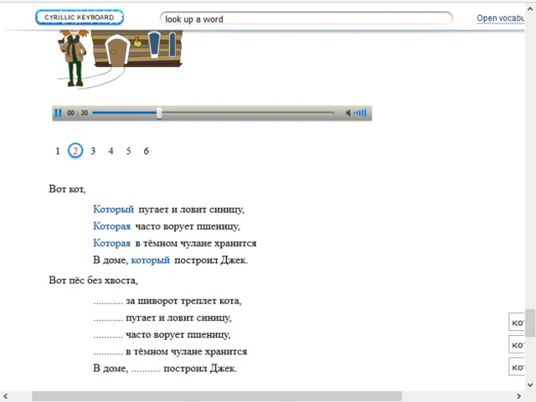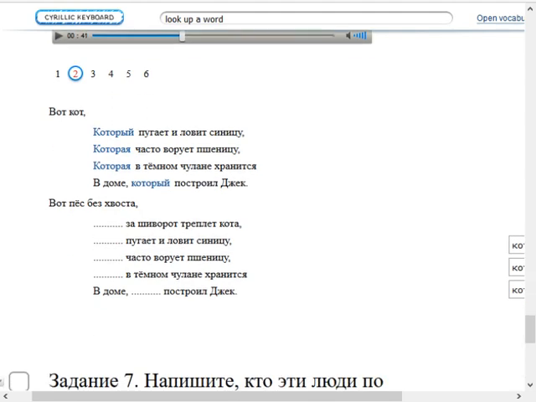Вот пес без хвоста, который за шиворот треплет кота, который пугает и ловит синицу, которая часто ворует пшеницу, которая в темном чулане хранится в доме, который построил Джек. Yes, it is. Okay. Вот пес без хвоста. This is the dog without a tail.